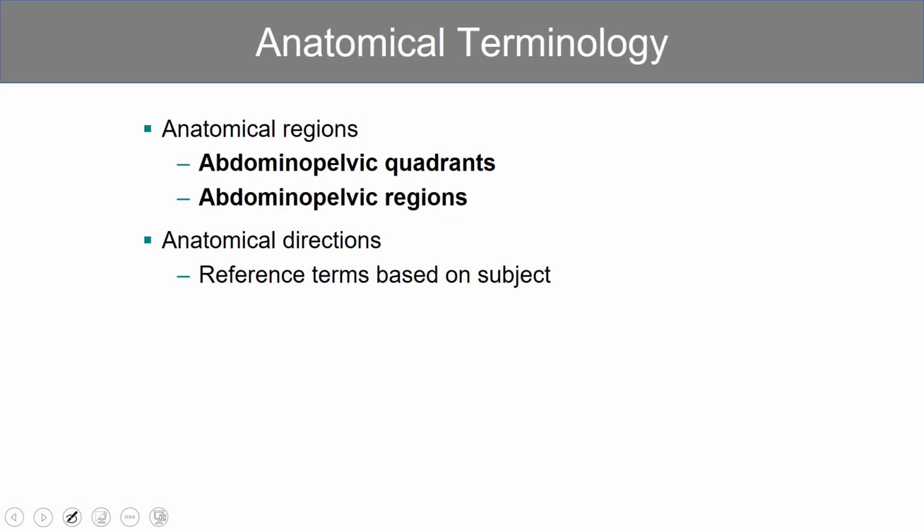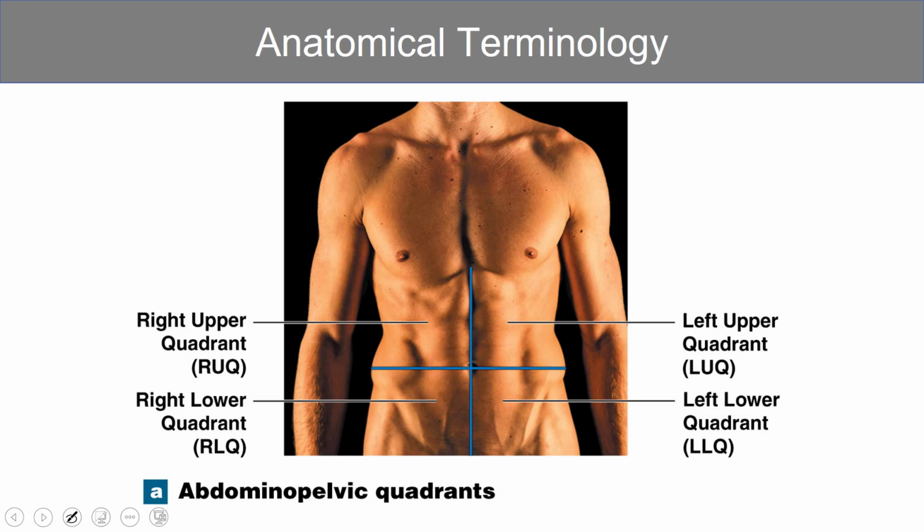We can also divide the body into various parts. And if we consider the abdominal pelvic region, we have quadrants as well as regions. There are 4 abdominal pelvic quadrants. You can see that there are 2 lines that are perpendicular right here at the umbilicus, or the belly button. And they are simply right upper quadrant, right lower quadrant, left upper quadrant, and left lower quadrant.